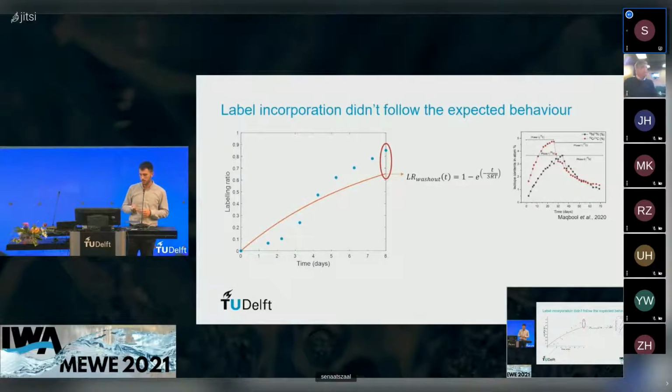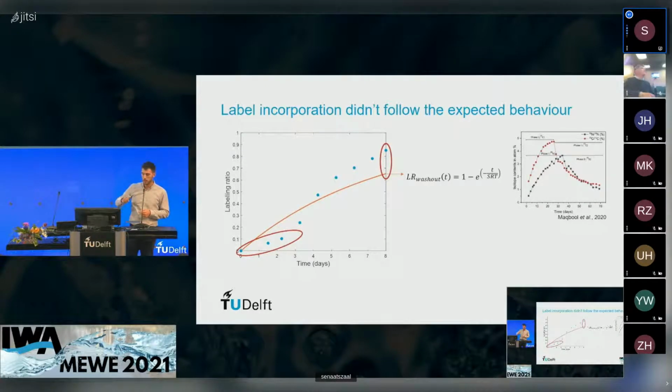Another important thing that we see is a delay of around 3 days before really starting the same trend as the other ones. We think that maybe, as you may remember from one of the previous presentations, PAO have two main carbon polymers, PHA and glycogen. So at the beginning they can dilute our 13 carbon that we are feeding in the reactor with 12 carbon, and maybe that is the reason for this delay.